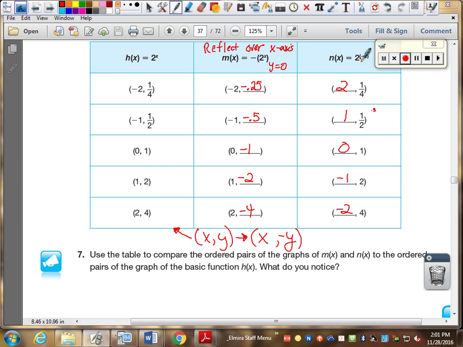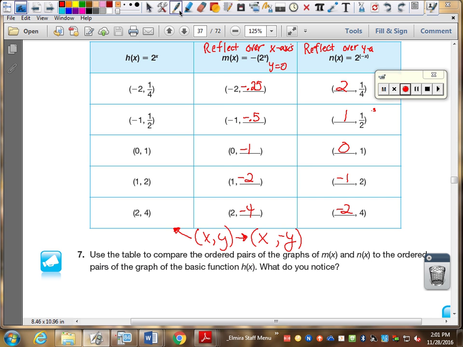When we're negating just the x, that's a reflection over the y-axis, which is the same as x equals 0.